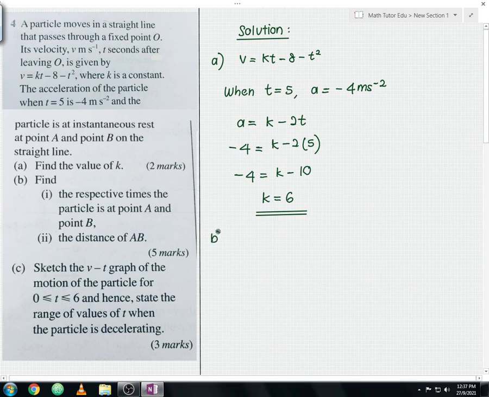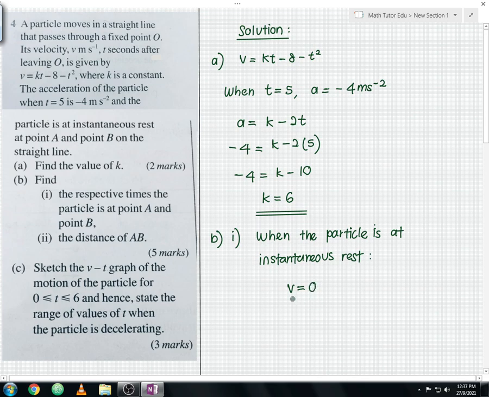So question B part 1. Okay, let me write the statement. When the particle is at instantaneous rest, your velocity will be equal to 0.